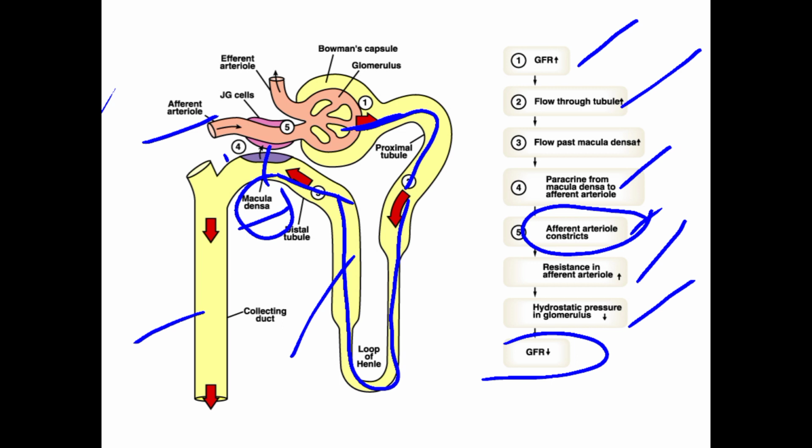The JG cells cause the afferent arteriole to constrict, so resistance increases, the flow decreases, and the GFR decreases. This is the main function of the macula densa.